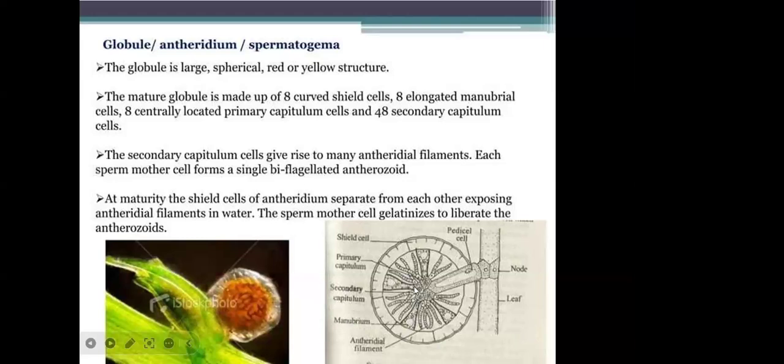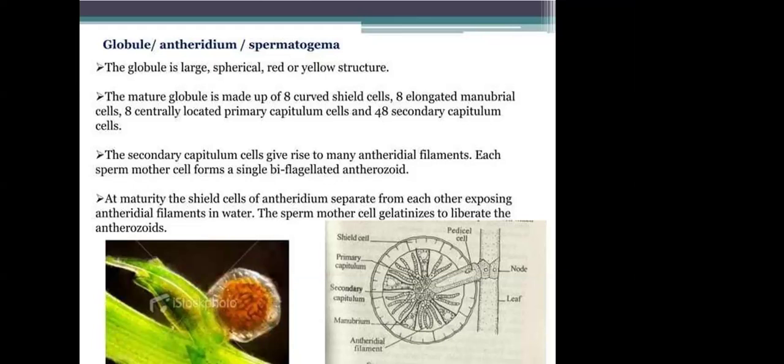Here they are, look, 1, 2, 3, 4. What are these four called? Manubrium. This is 1, this is 2, this is 3, this one is 4. What is this one? Manubrium. It is on the inner side of the shield cells.